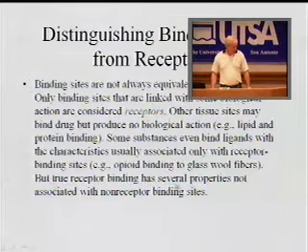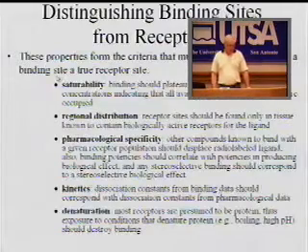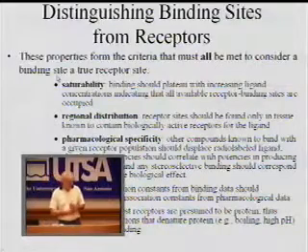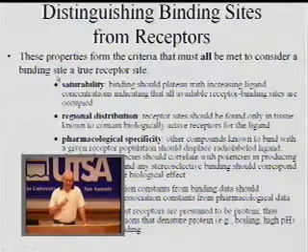But the true receptor binding has several properties not associated with non-receptor binding sites, and those are what we see here. So a series of studies would have to be completed to demonstrate that the binding data is reflecting the true receptor, at least kinetically even, for the specificity.